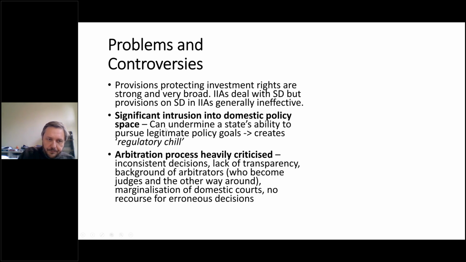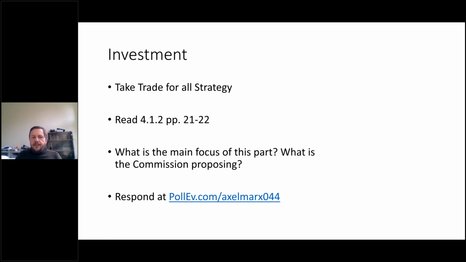Now, for the next part, I would like to ask you all to take the Trade for All strategy that was also sent around yesterday, and actually also the week before, and then read carefully the part 4.1.2, pages 21 and 22, and then go to Poll Everywhere and write an answer about what the main focuses of this part are and what the Commission is actually proposing in regards to this global investment regime.